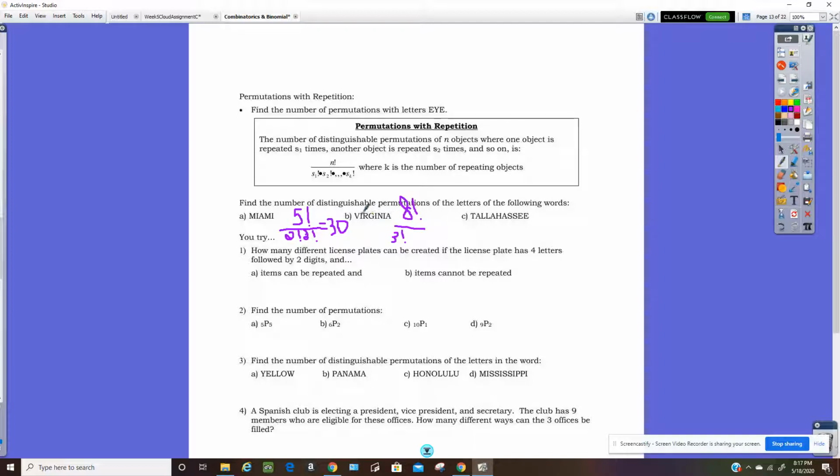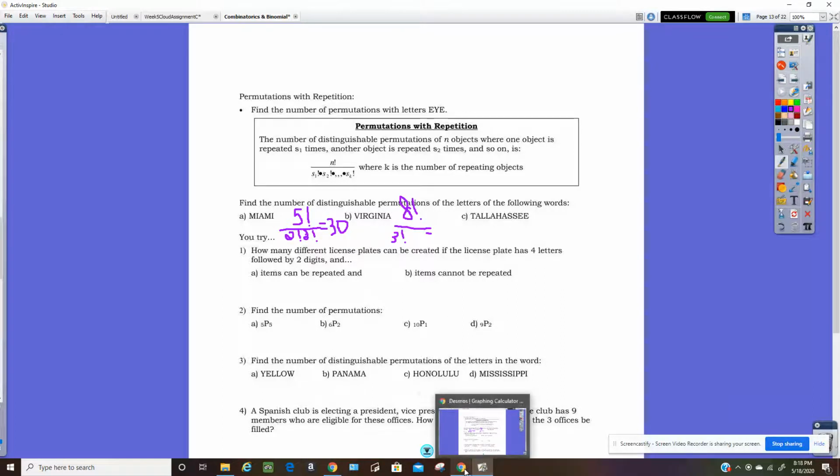So this would be 8 times 7 times 6 times 5 times 4, because 3 times 2 times 1 would cancel with this here. So 8 times 7 times 6 times 5 times 4.